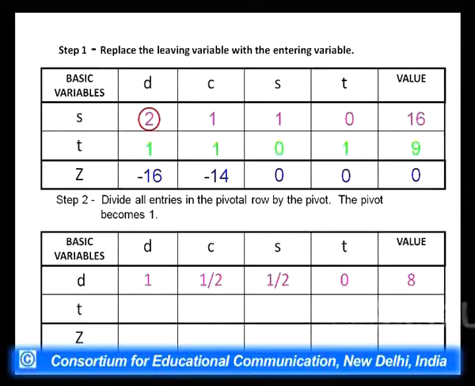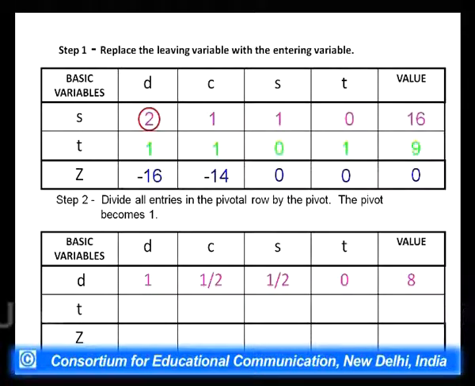So all these values are now converted to 1, half, half, 0 and finally 8. This is the way to convert the pivot to a unit value. Unit value is achieved by dividing all the values by the pivot value.